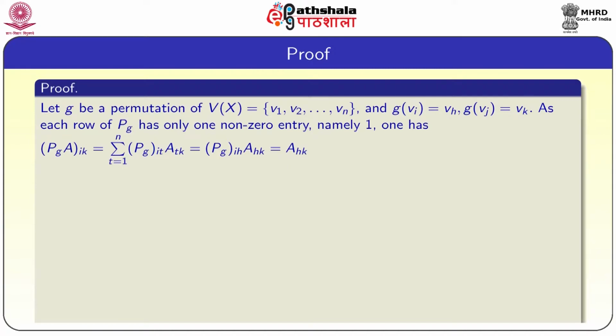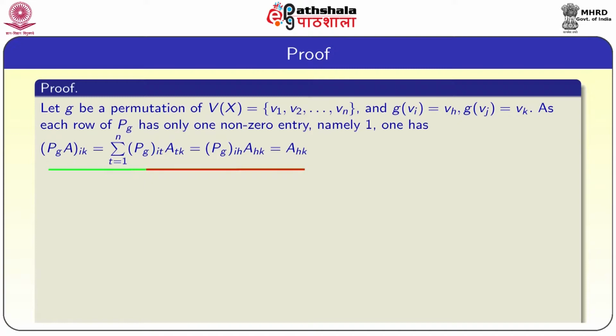So, now one has the ikth entry of Pg A equal to the summation over t equal to 1 to n of Pg(it) A(tk).